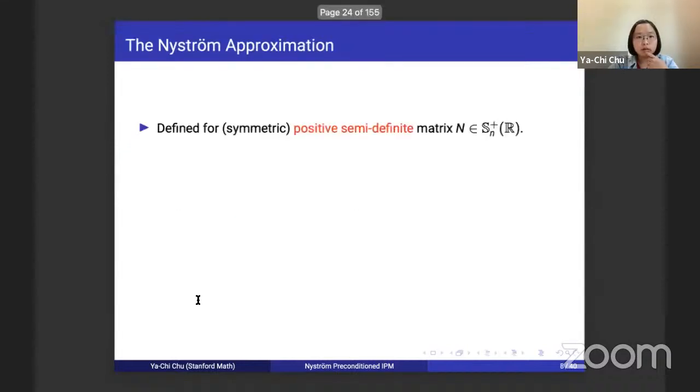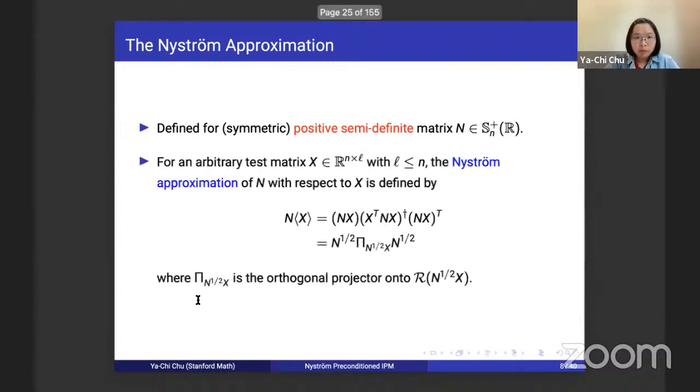So the Nystrom approximation is basically defined for a positive semi-definite matrix. There are definitely some versions of the approximation for indefinite matrices, but the one for positive semi-definite matrices has better error guarantees.